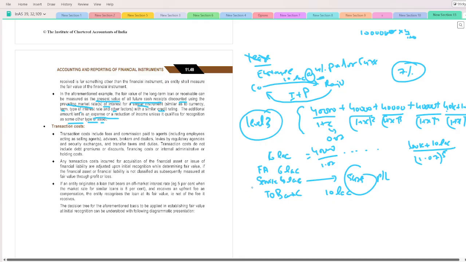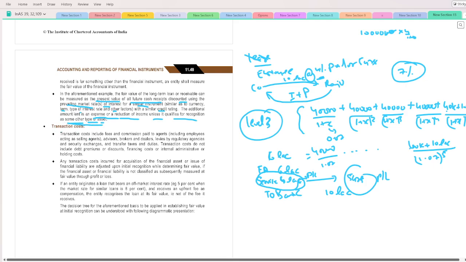Had it been a level 1 asset, trading in the market, then you would be charging this 4 lakh at inception itself as a loss in the P&L. So the additional amount lent is an expense or a reduction of income unless it qualifies for recognition as some other type of asset.